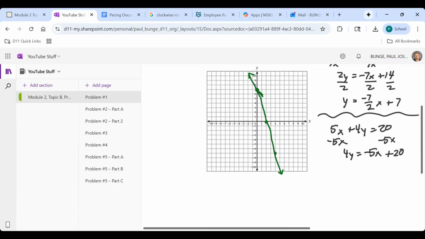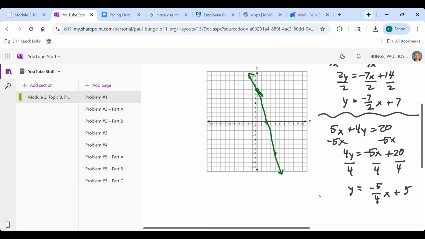So now I have to divide by 4 on all terms in order to keep it the same equation and to get it into that Holy Grail. So I'm going to have y equals negative 5 fourths x plus 5.